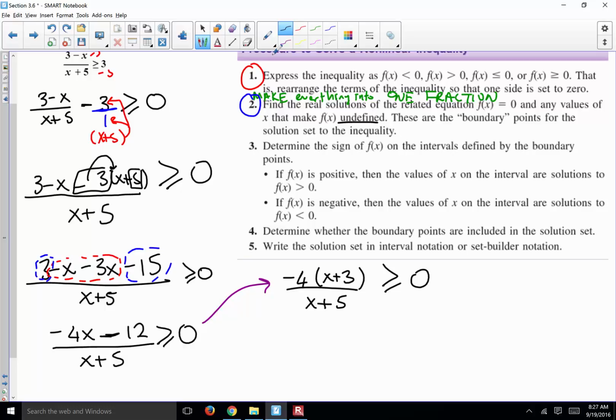No? Before describing what's undefined and zeros of this thing, I will do one more prep step.